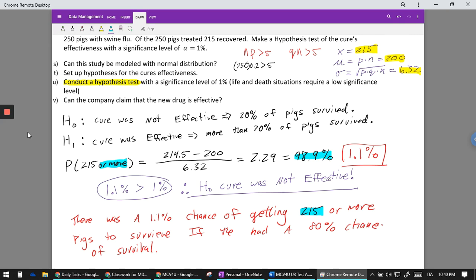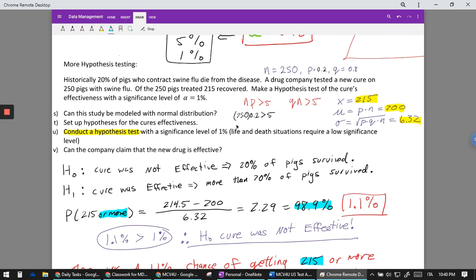Oh, and by the way, I actually messed up back here. I'm looking at it now. This right here was supposed to be 80%, because I wrote 20% die, and this was supposed to be an 80 here.